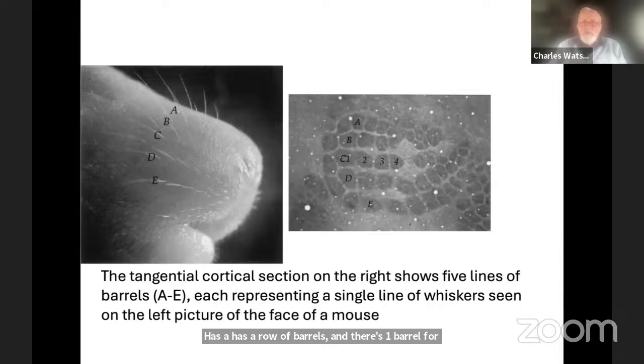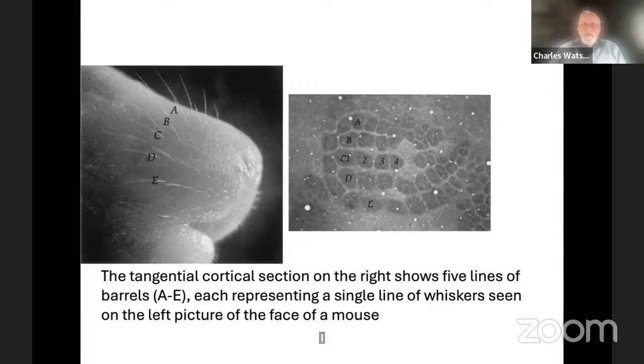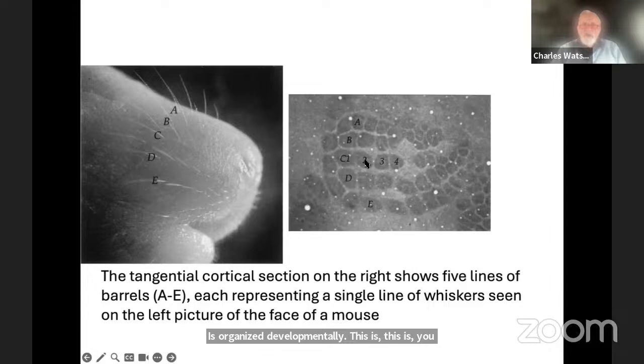This has been an incredibly important discovery because when people wanted to look at how the cortex is organized developmentally, you know that every one of these barrels should be there under normal circumstances. So if you, for example, pluck out a couple of whiskers just after birth in a newborn mouse, and you look 2 weeks later, you find that 2 of the barrels are missing.